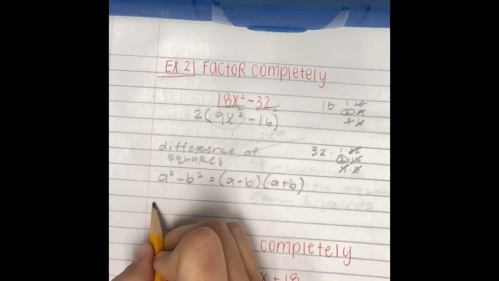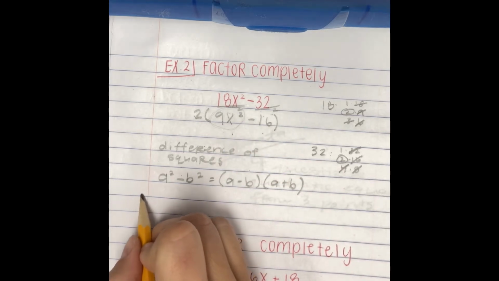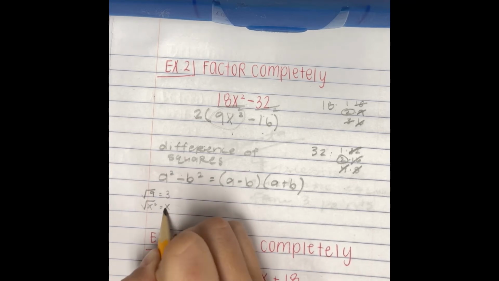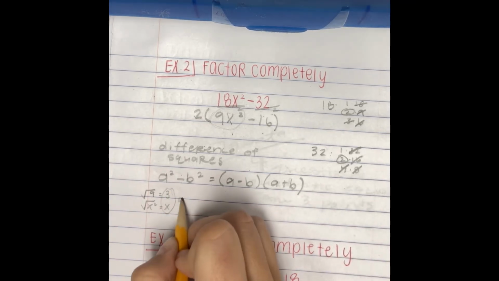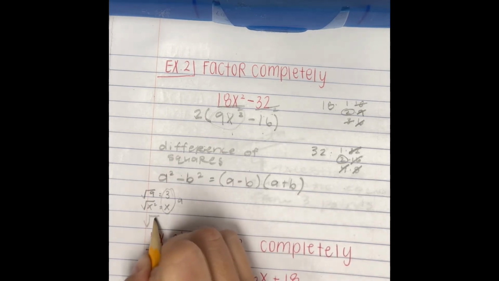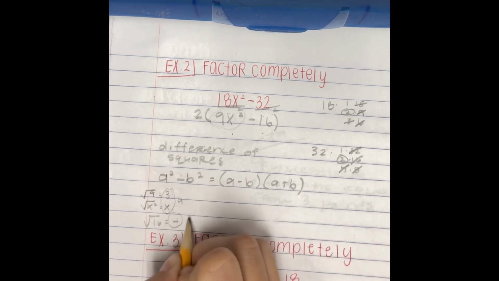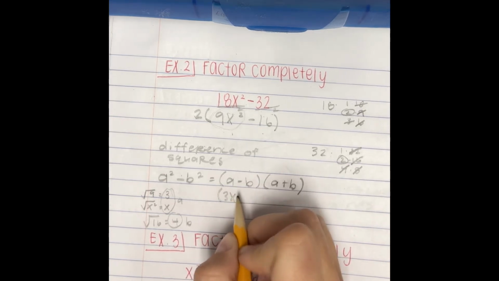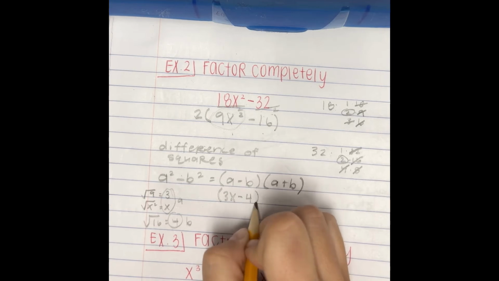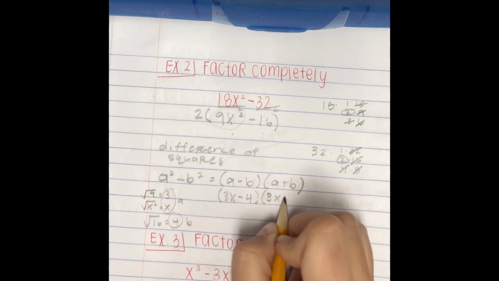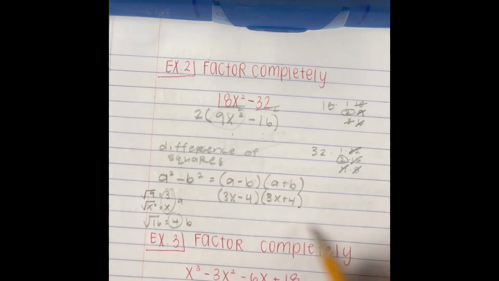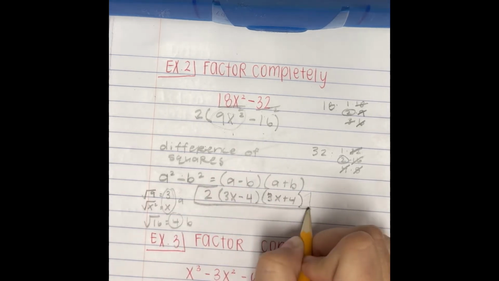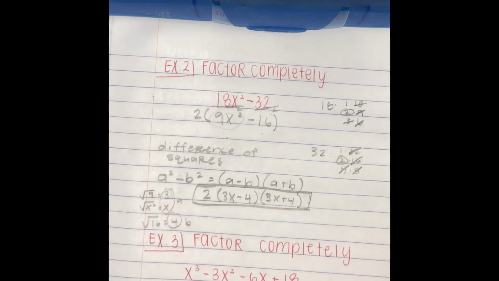I know the square root of 9 is 3, and the square root of x squared is x, which means that's our a. And then the square root of 16 is 4, so that's my b. So we're going to have 3x minus 4, and then 3x plus 4, with the 2 out front, because that's our GCF.